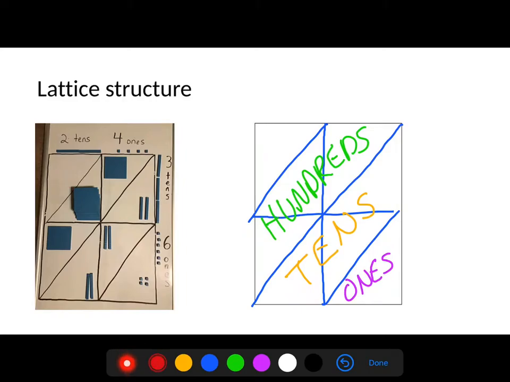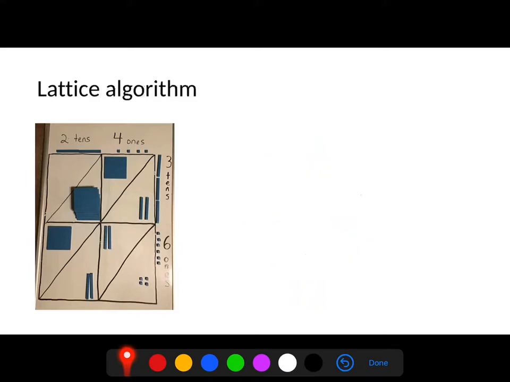And then finally up in the corner here, I would have the thousands. So our grouping here is along the diagonal. So when it comes time to add, when we want to see how many tens we have, I'll add along the diagonal because I'll be adding like valued parts.